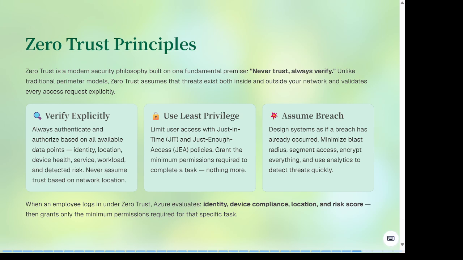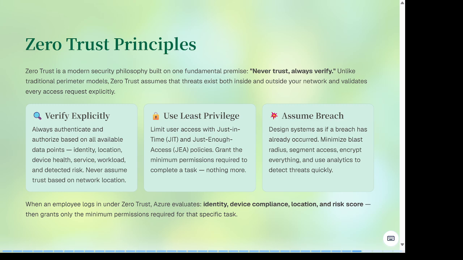Zero trust principles. Zero trust is not a single technology or product. It is a security model built on one simple rule: never trust, always verify. Why zero trust exists? In traditional security models, once a user is inside the network, they are often trusted automatically.